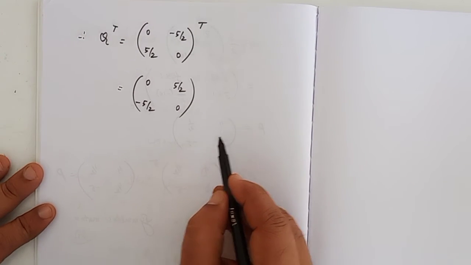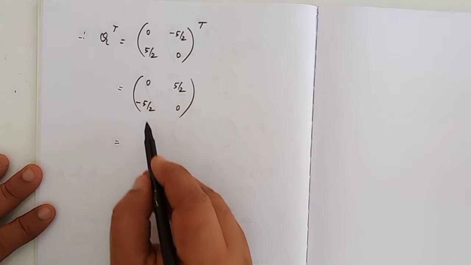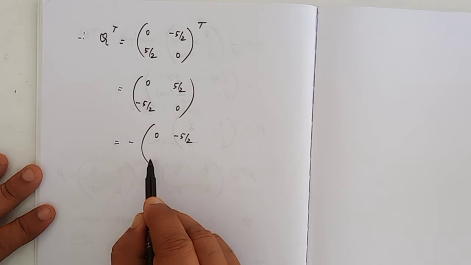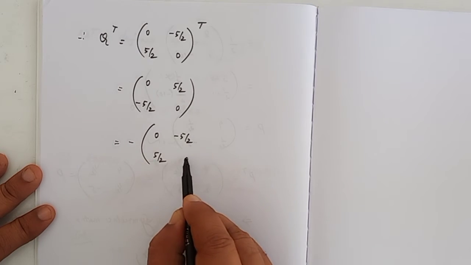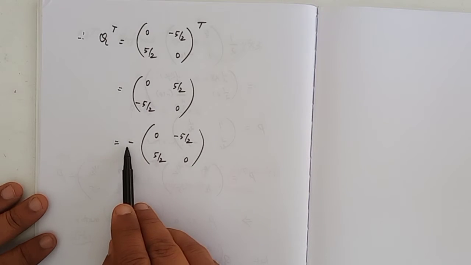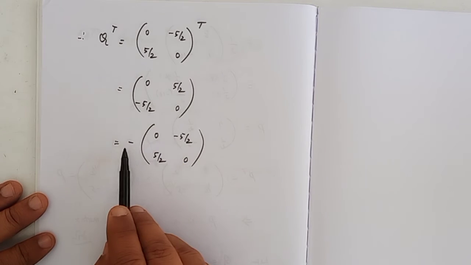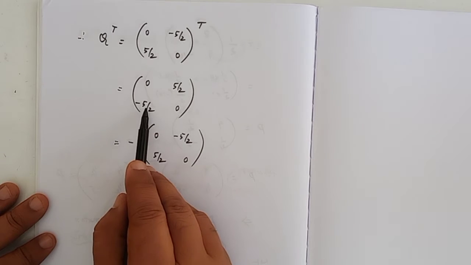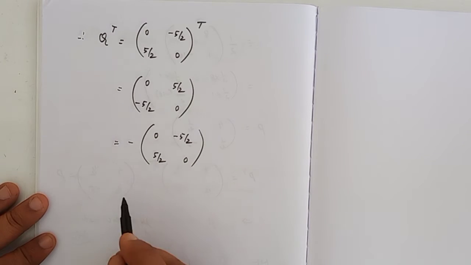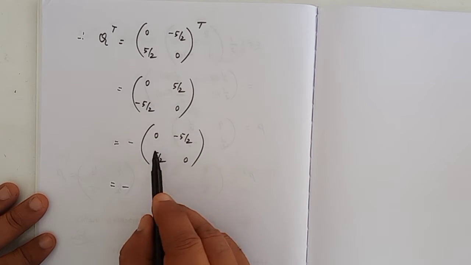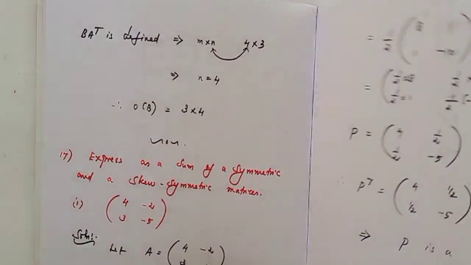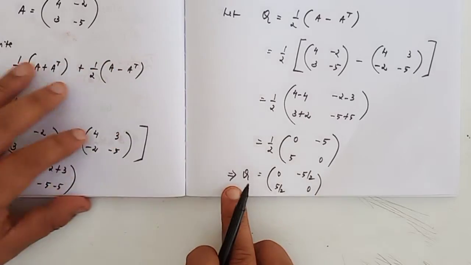Now I take minus as common. If you take minus common, it will be 0, here -5/2, here 5/2, here 0, correct? Because minus into 0 is 0, minus into 5/2 is -5/2, minus into -5/2 is plus 5/2, minus into 0 is 0. So I have taken minus. Now look at that matrix, [0, -5/2; 5/2, 0], here it is. That is equal to Q.